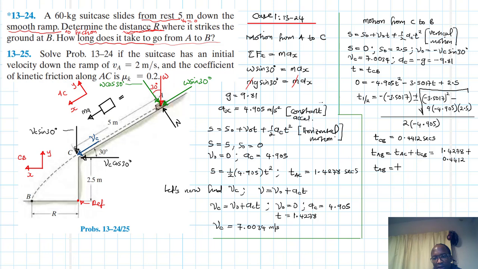So TAB is 1.4278 plus 0.4412, and this gives us 1.869 seconds. But we are not yet done.